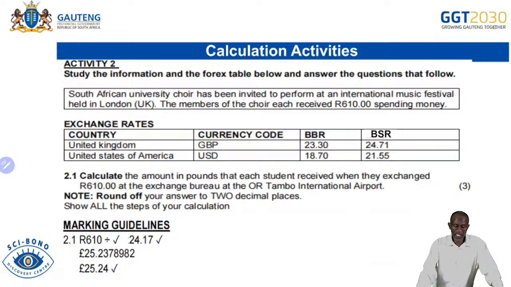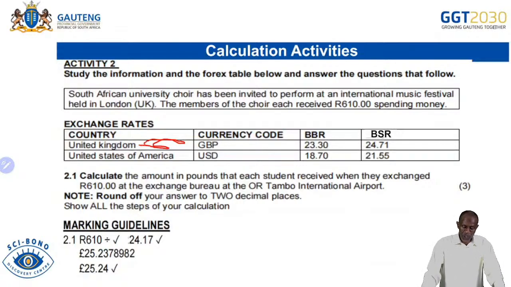We are given two foreign currencies here, the United Kingdom and the United States of America. The scenario says the music festival choir are visiting the UK, meaning that we'll be focusing on this column where the United Kingdom is, and we are going to disregard the United States of America because it's not in the question.